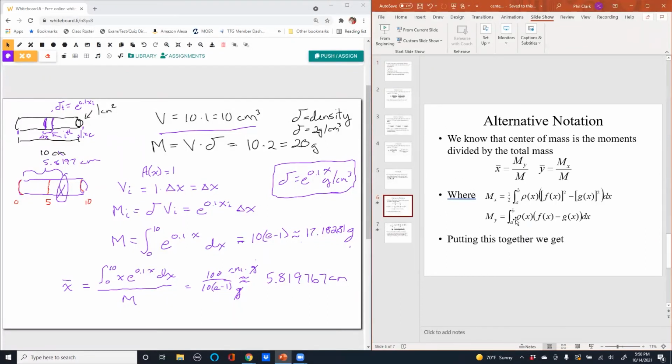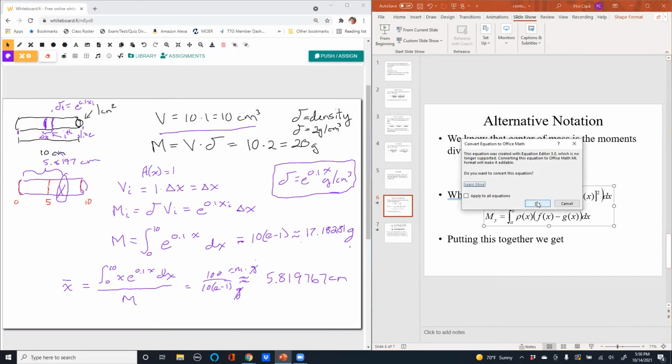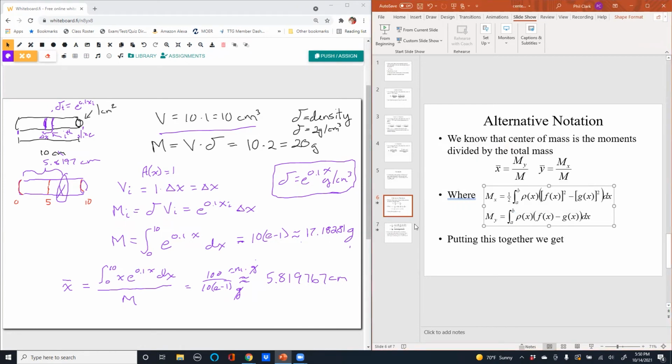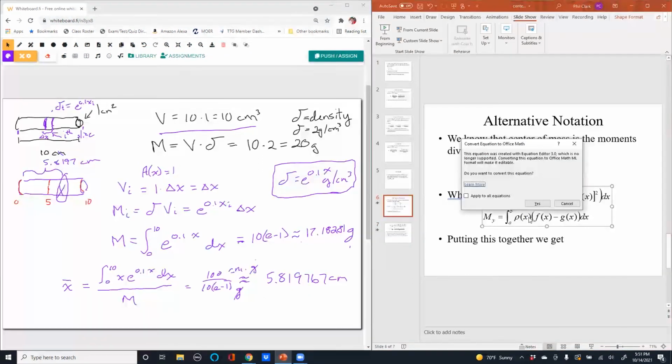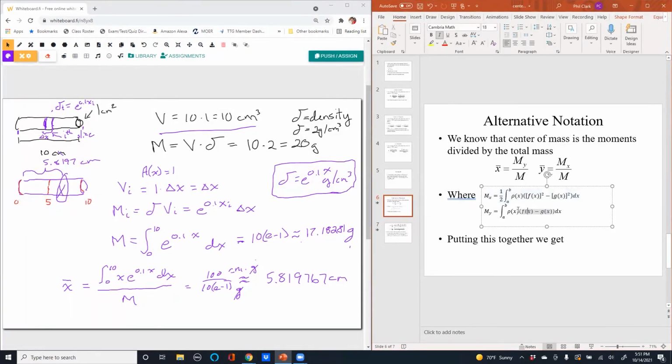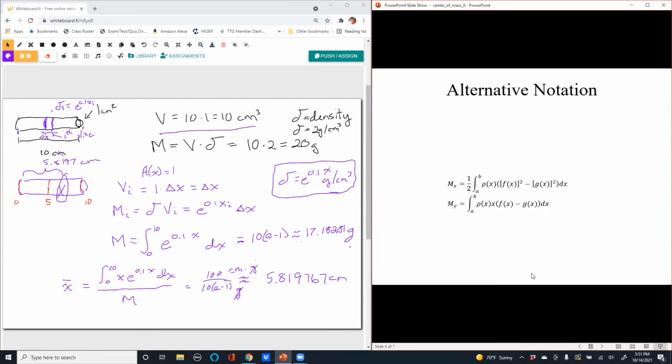I have a mistake there, I got to fix it. I'll make sure I fix it in the one that's online too. Okay, sorry, density. There's that extra x.